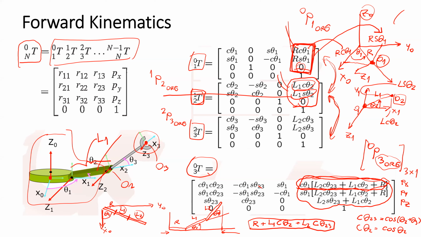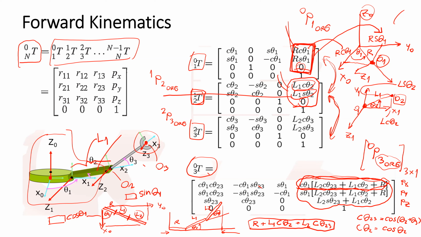In order to find the component in the x direction and in the y direction, it needs to be the projection length multiplied by cosine theta 1 and the projection length multiplied by sine of theta 1.